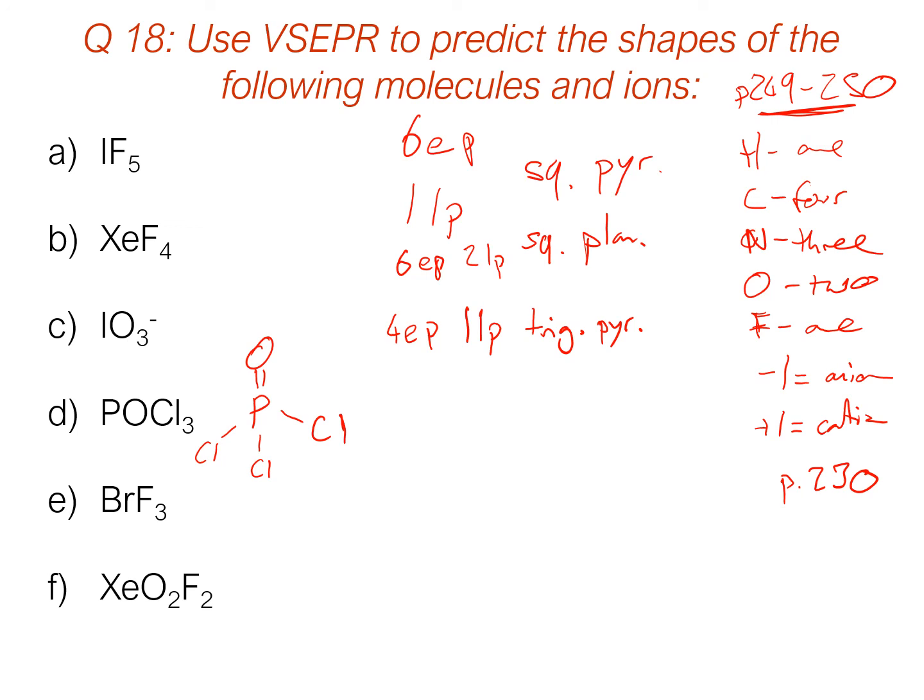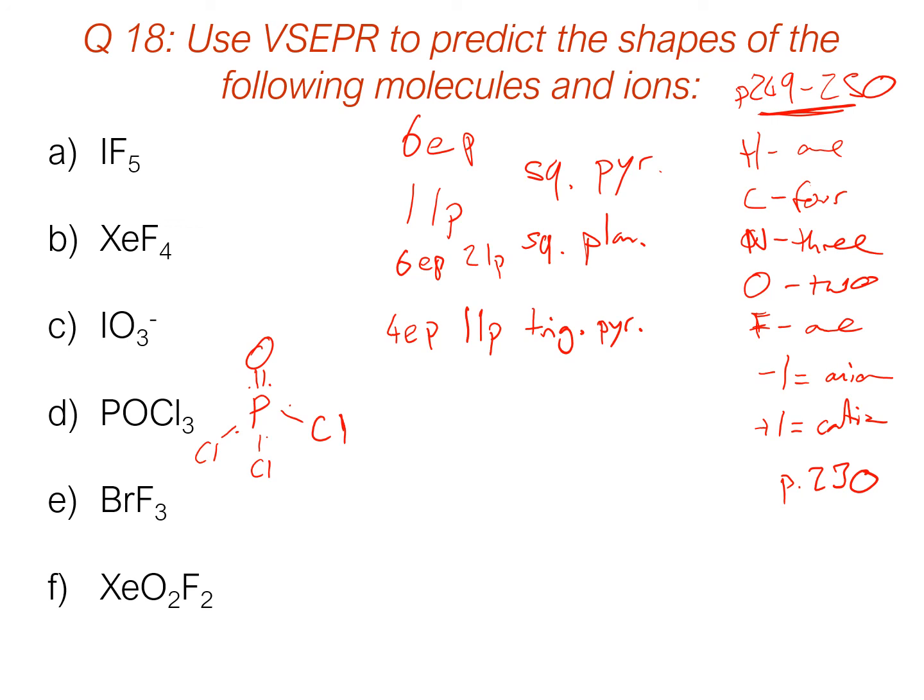Now we do the same thing again, work out how many lone pairs are on the phosphorus. Phosphorus is in group 15, just below nitrogen, so it has 5 valence electrons. The ones contributing to bonding are 1, 2, 3, 4, 5, so all its valence electrons are already in use making bonds. Now again, we have to work out how many electron pairs in total there are.